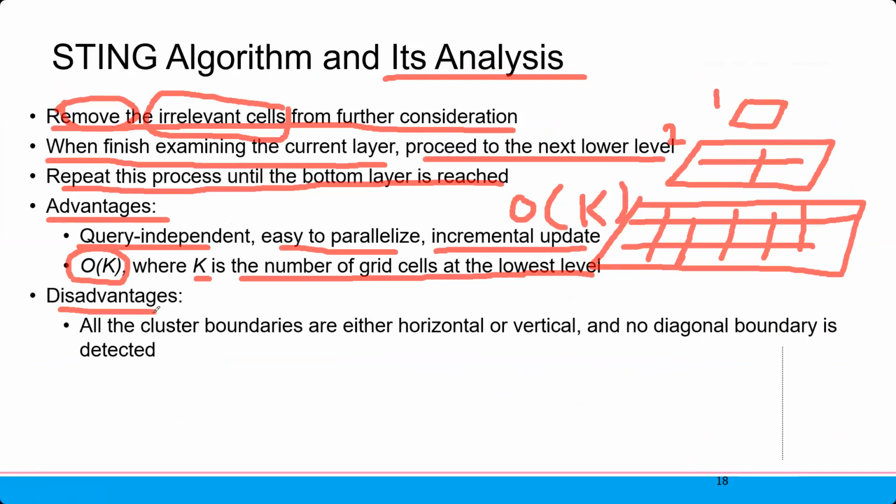The disadvantages: all the cluster boundaries are either horizontal or vertical, and no diagonal boundaries are detected. So if you look at this cell, the boundary is vertical, or you can compare with the next cell, which is horizontal, but there is no possibility for diagonal like this one.